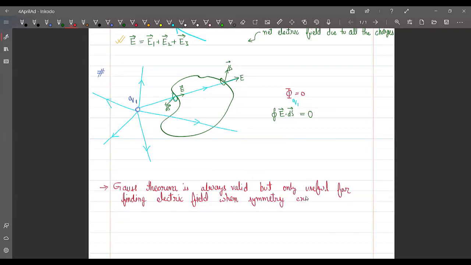And we'll use this to find the flux due to different scenarios.